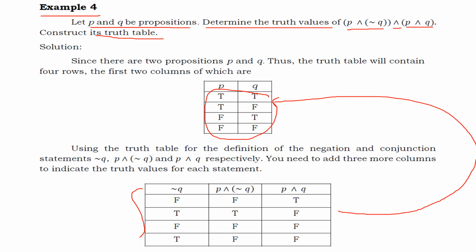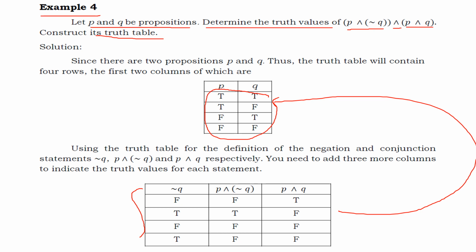We're going to attach it so that it is easily visualized, using the truth table for the definition of the negation and conjunction statements. Negation Q is totally opposite of what your proposition Q is. If your original proposition Q is true, then your negation Q is false. So that's simple.